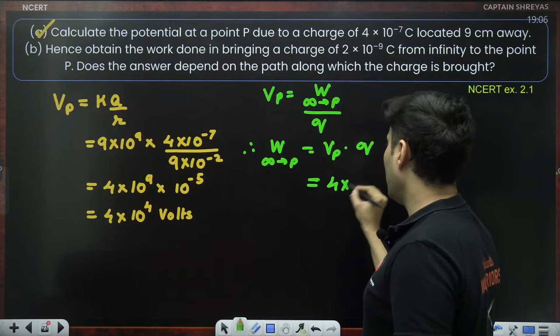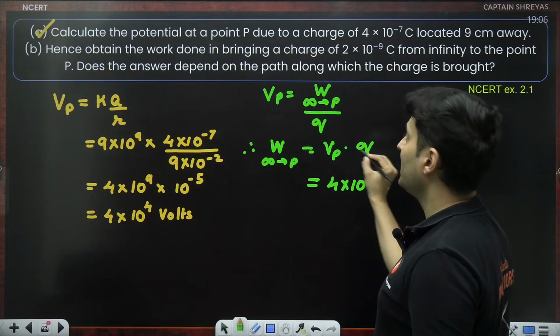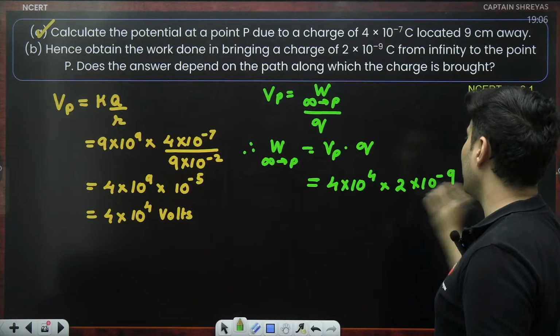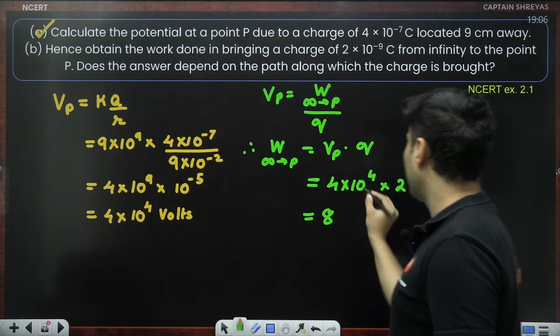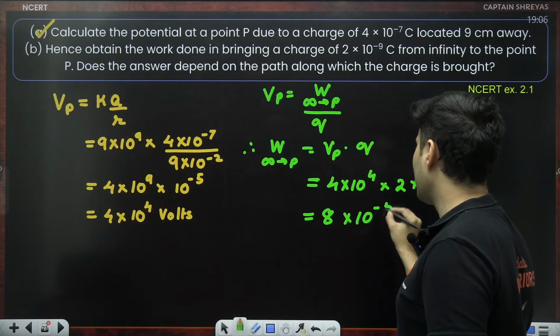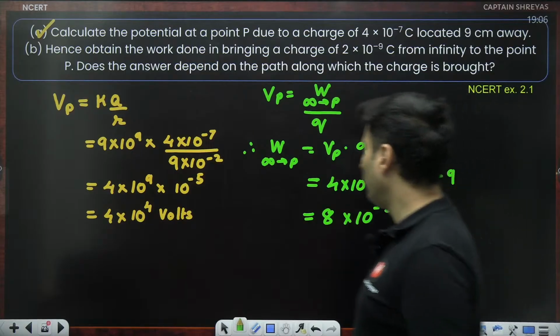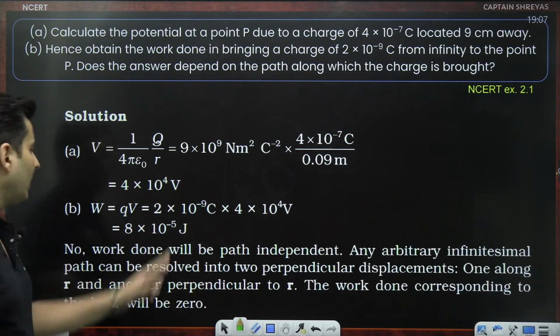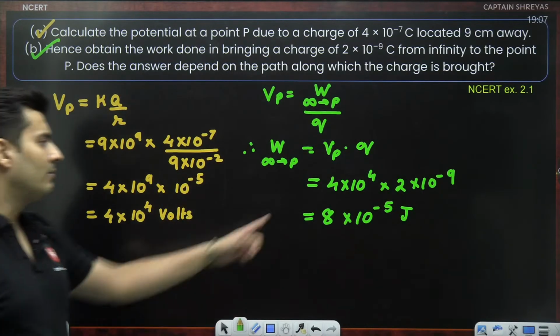It is 4 into 10 to the power 4. What is the charge? The charge is 2 into 10 to the power minus 9. So 4 2s are 8, and 4 and minus 9 will make it 10 to the power minus 5 joules. So the work done is 8 into 10 to the power minus 5 joules.